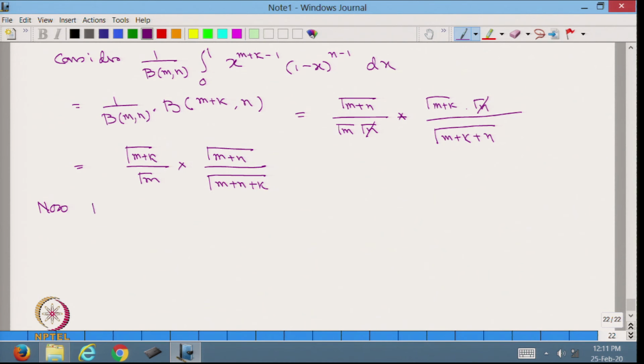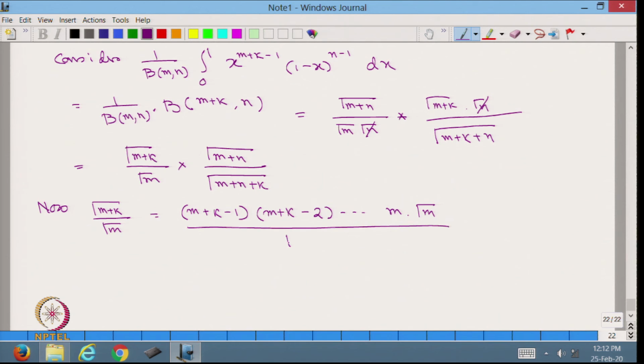Now, Γ(m+k)/Γ(m), we can write it as (m+k-1)(m+k-2) up to m times Γ(m) divided by Γ(m), which is equal to (m+k-1) up to m, which is the product over j from 0 to k-1 of (m+j).